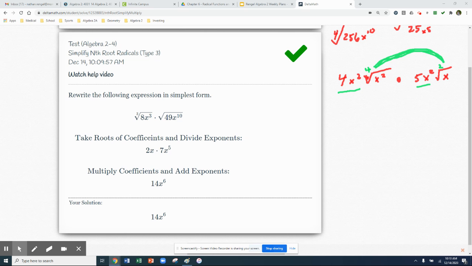Okay. Would you want me to keep going over any of the type 3s? How did you do on yours, Jack?